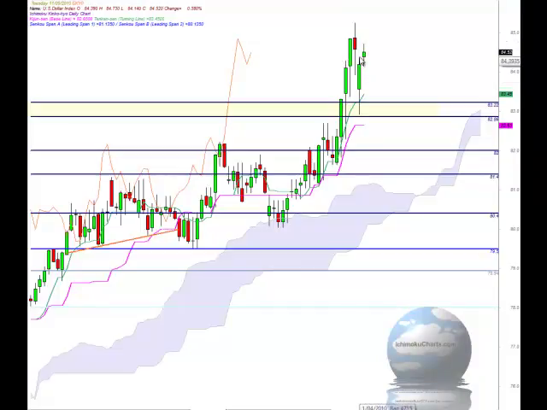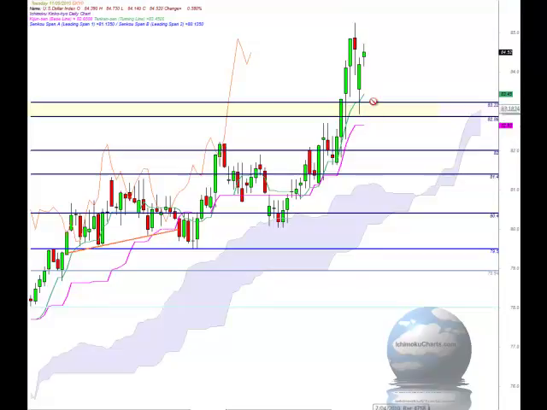Quite often when the Kijun-sen turns flat, the price action tends to be attracted back towards it. We did have that yesterday, but there still is potential for that to happen while it continues sideways, so we need to be aware of that, and we should really watch the low of the current candle for potentially another change of trend back down to the downside.